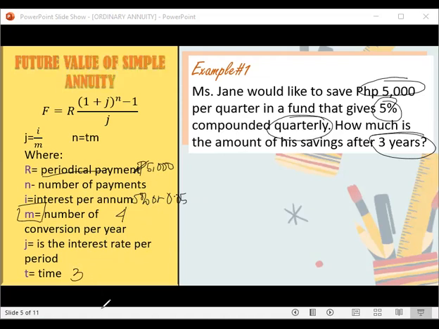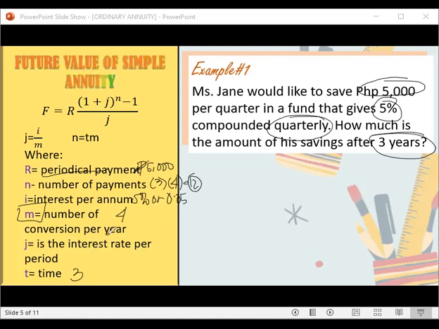Next is N. So, paano mo makukuha yung N? So, T times mo lang siya sa M. So, ano ba yung time mo? 3. Ano ba yung M mo? 4. So, 3 times 4 is 12.